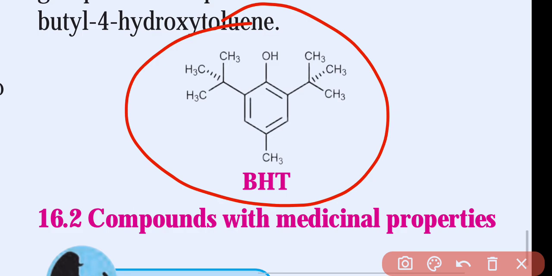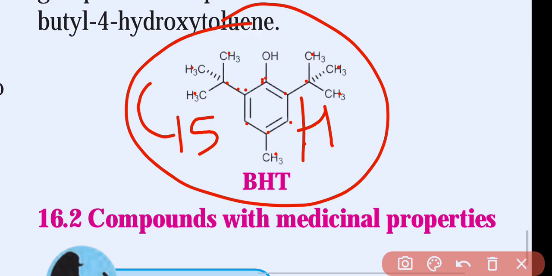Now the molecular formula of BHT can be written as follows. Count the number of carbon atoms present in the BHT. See this: 1, 2, 3, 4, 5, 6. Then see 7, 8, 9, 10, 11, 12, 13, 14, 15. Now count the number of hydrogen atoms.